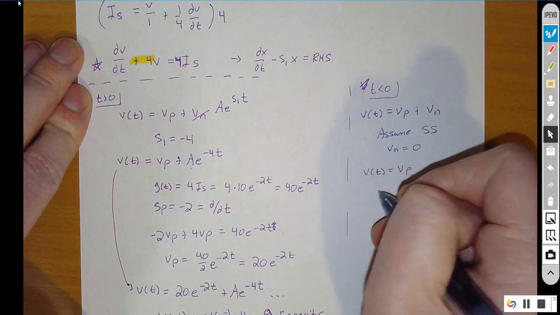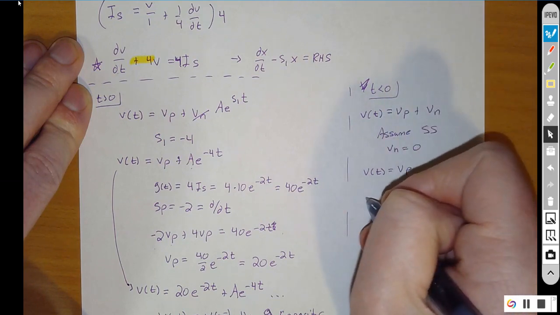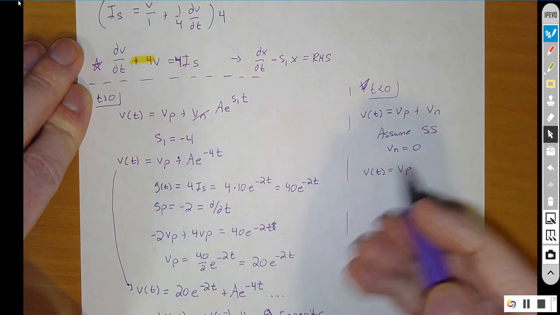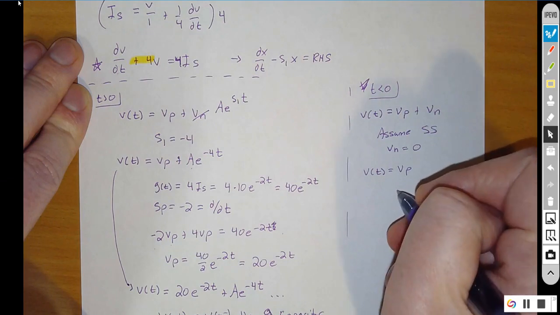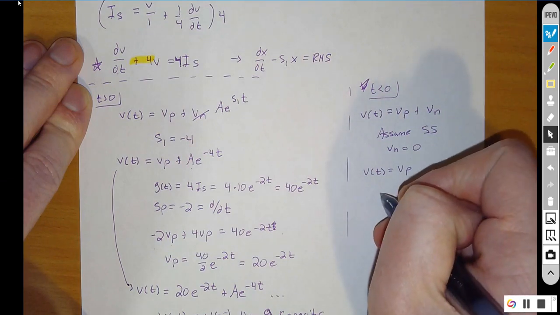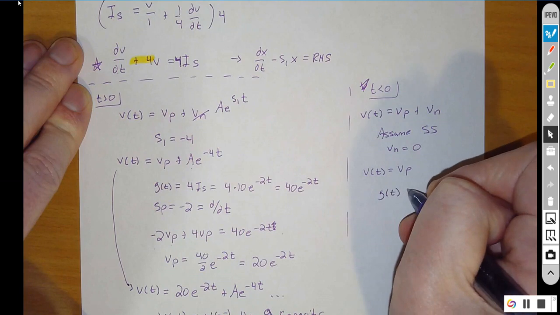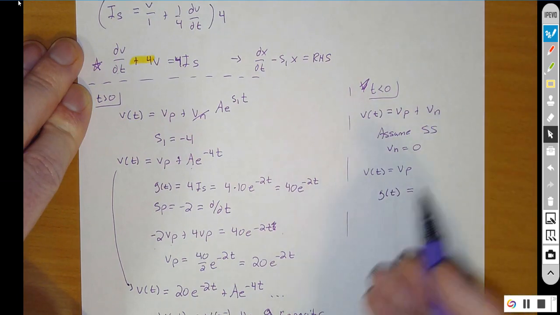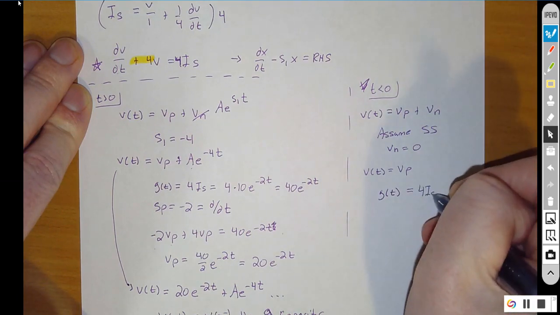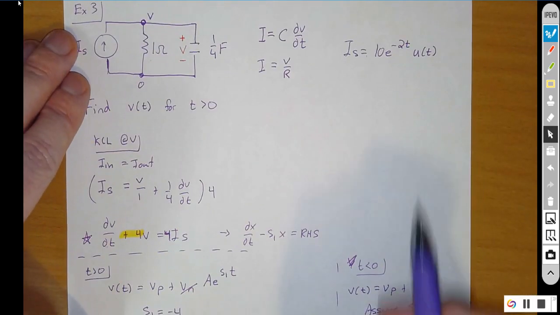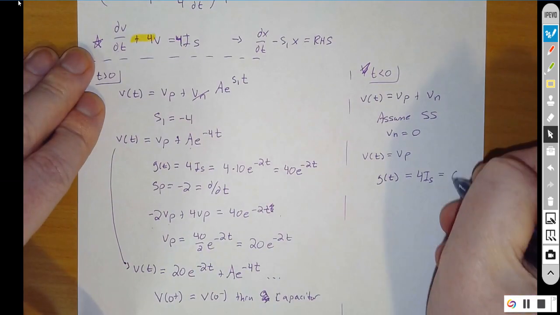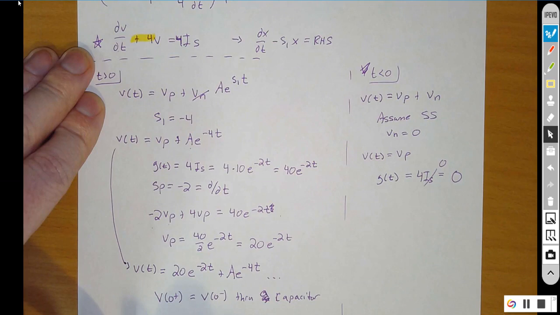So V particular when time is less than 0. Again, we're going to go get our differential equation, dV/dt. But this time, what is G of t? G of t is still 4 i_s, but i_s for t less than 0 is 0, because i_s hasn't turned on yet.